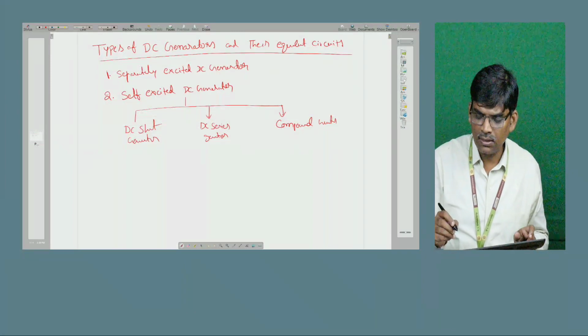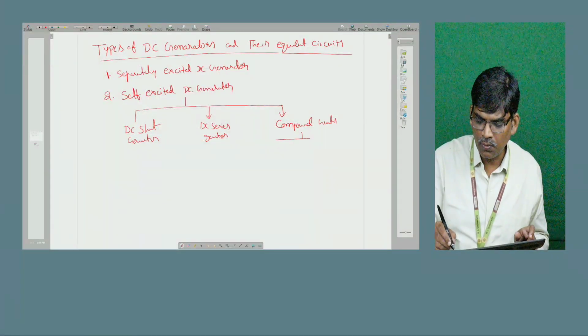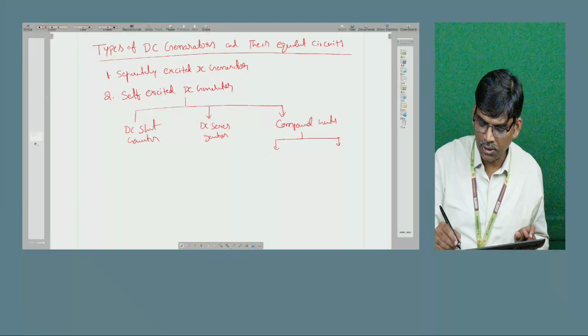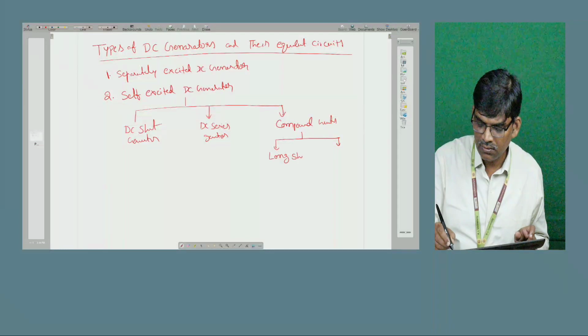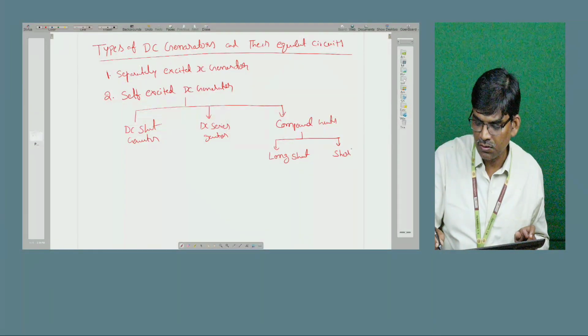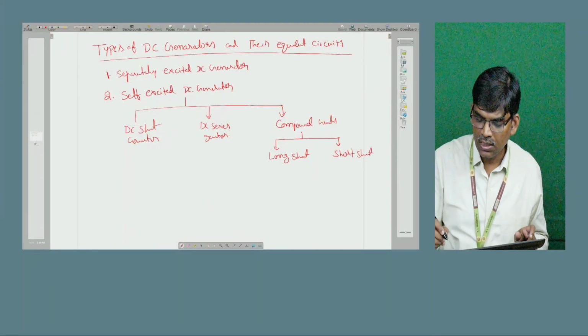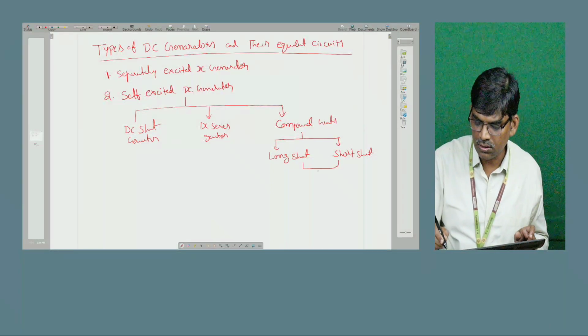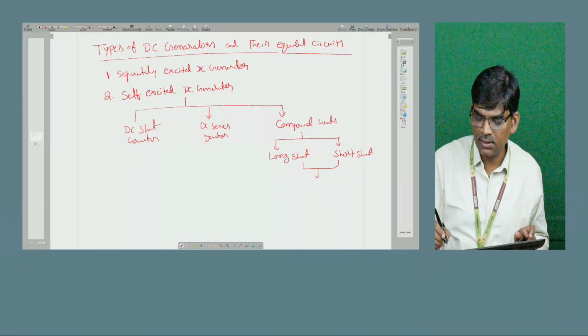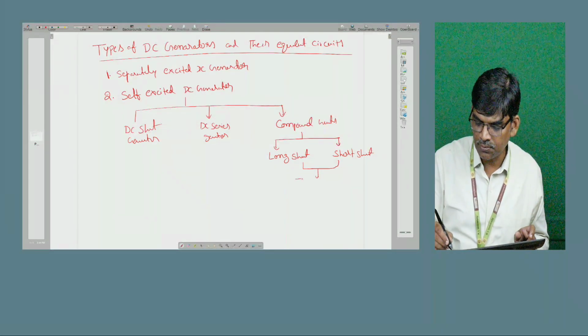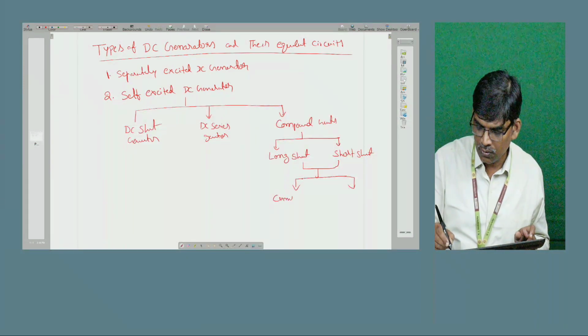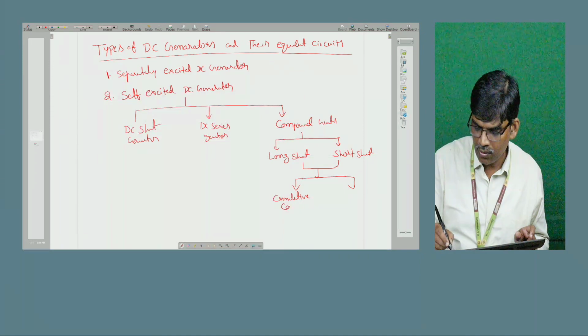This compound generator, once again based on the field winding connections, has two types: one is called long shunt, and the second one is short shunt. Whether long shunt or short shunt, based on the current direction, there are two types again: cumulative compound or differential compound.